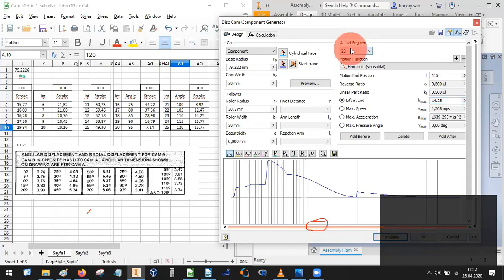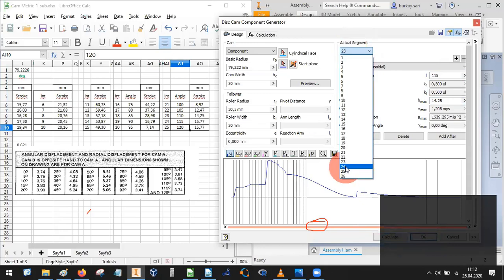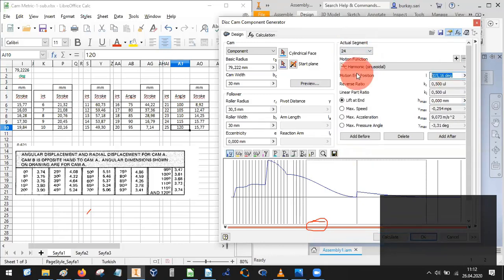Hit the calculate. This one 120. Hit the calculate.